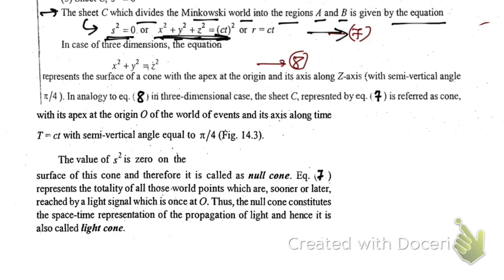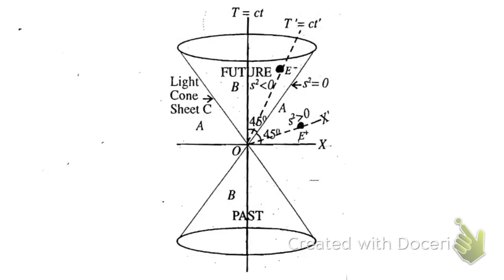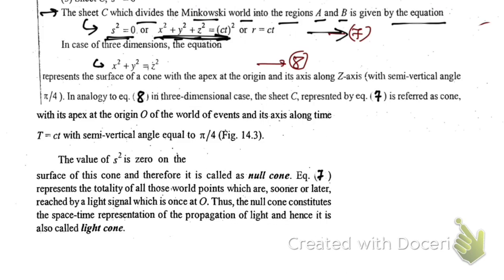And now you see, in case of 3 dimensions, x square plus y square is equal to z square, if you don't consider the dimension of time. I don't want to explain all the things in detail here, so whatever needed to be explained is all written in these pages.